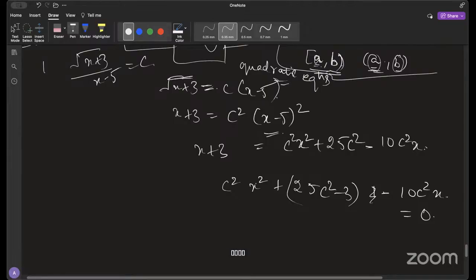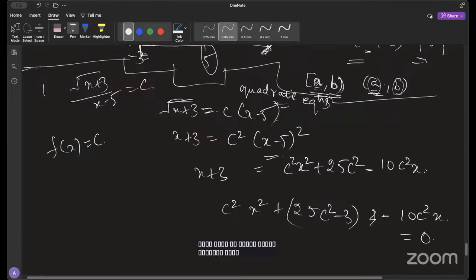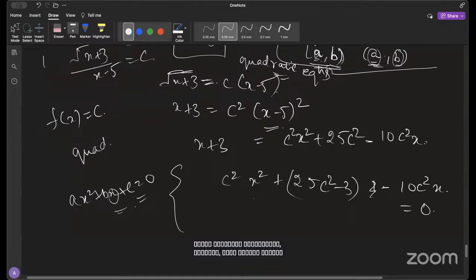And then you have to find x such that this thing holds. What we're doing here is trying to find x such that f(x) is c, right? So we'll try to find x in terms of c. In later weeks you study the quadratic formula, which is to solve quadratic equations. So this is a quadratic equation of the form ax square plus bx plus c. You will study all of this in later weeks. So you can find x such that this thing is 0.